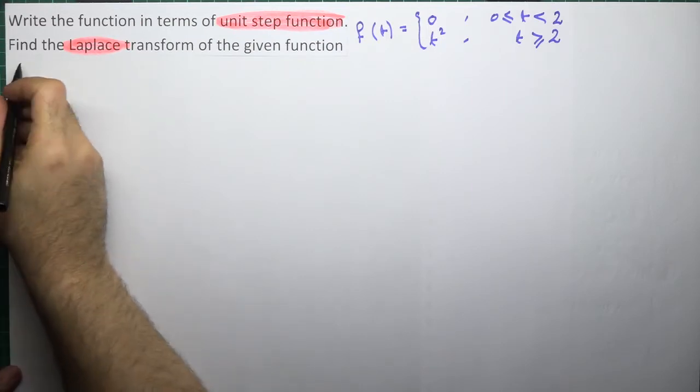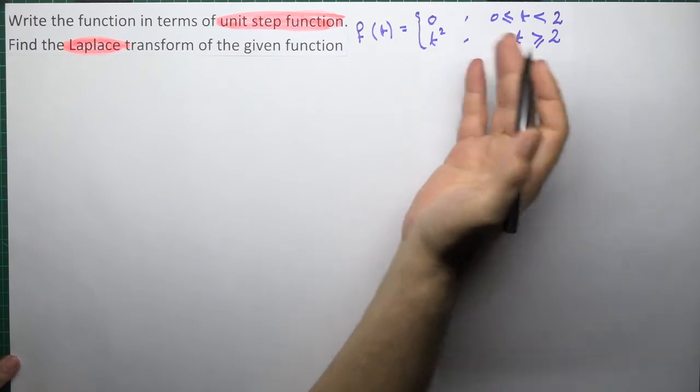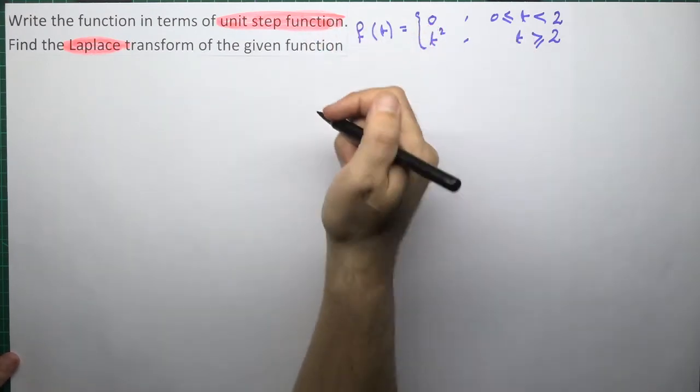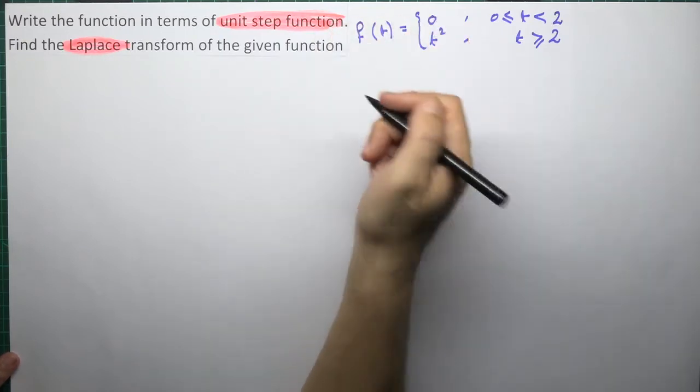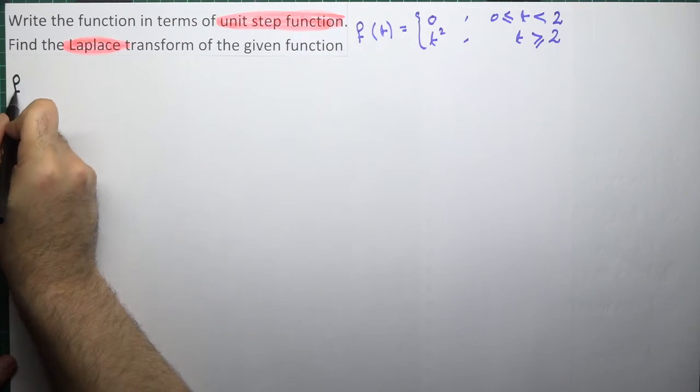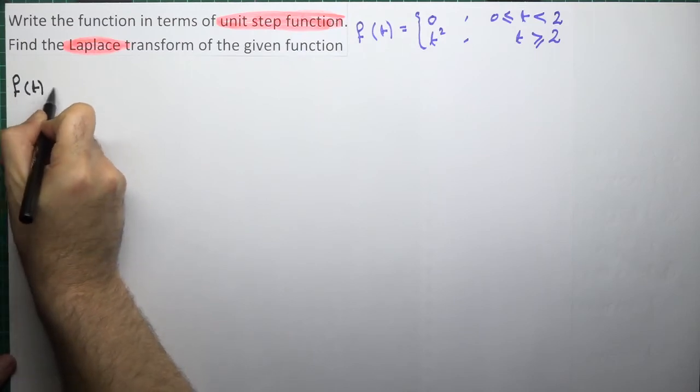هنا يا أصدقاء راح نحول هذا من piecewise function إلى ما نسميه unit step، إلى compact form مستخدمين the unit step function. عندي هنا f of t تصبح بهذا الشكل.